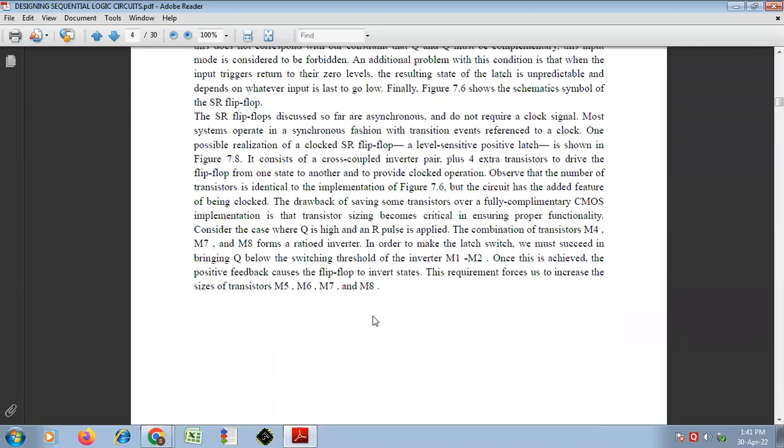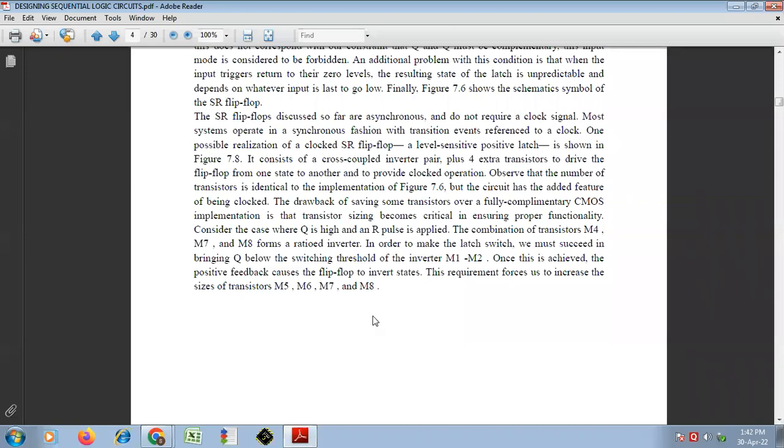Now, how does it work? It contains a cross-coupled inverter pair plus 4 extra transistors to drive the flip-flop from one state to another and to provide a clocked operation. Note that the number of transistors is identical to the earlier implementation, but the circuit has the added feature of being clocked. What is the drawback?